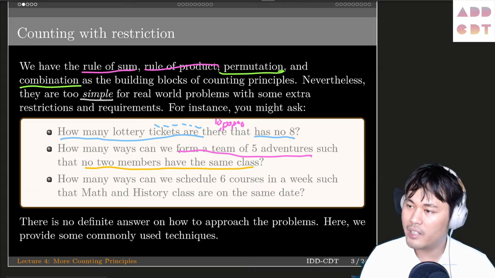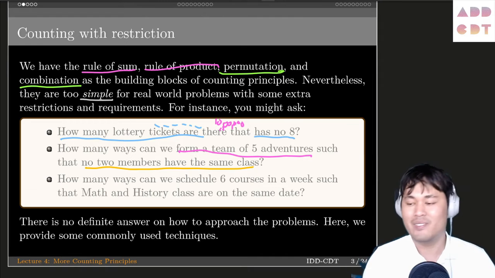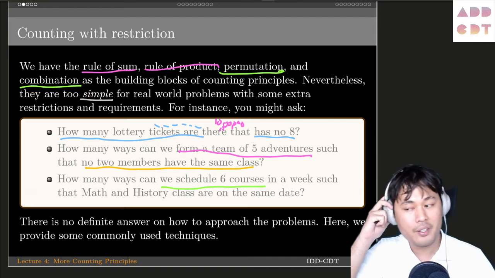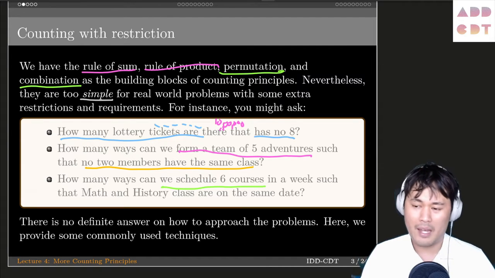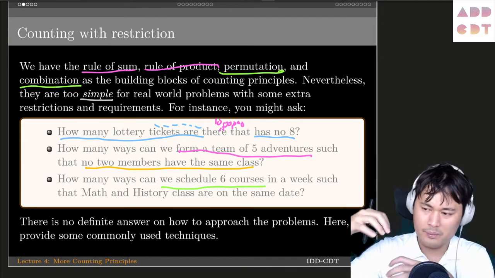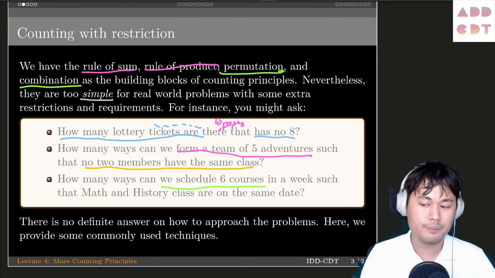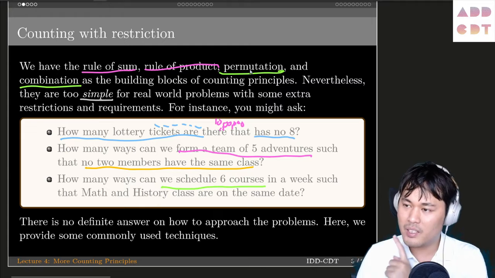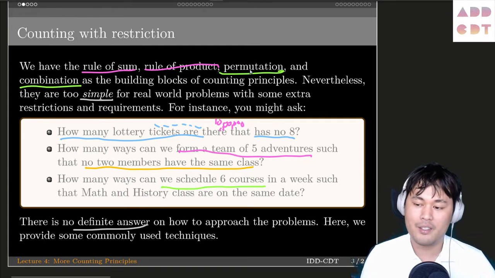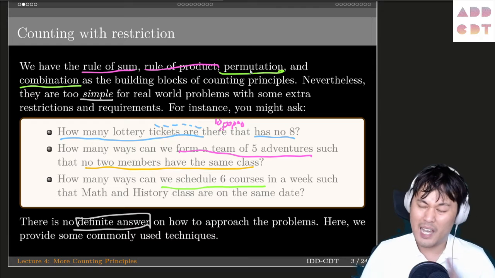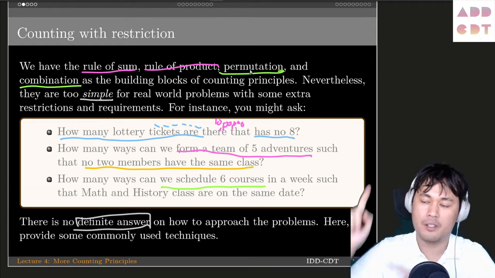Or, if you are in college, which I think you are, we all are, including myself, if you schedule 6 courses a week, and you want math and history to be on the same date, for whatever reason, then how many ways can you rearrange those 6 courses? The point is that there is no definite answer to these questions, unlike the first 4 things on the top.